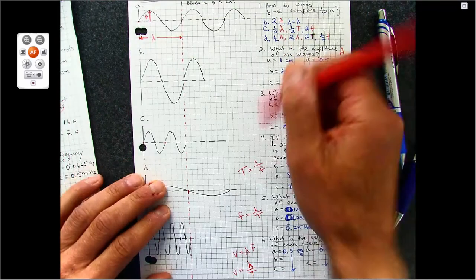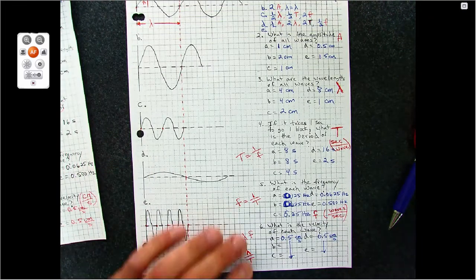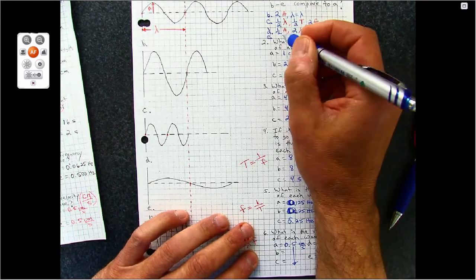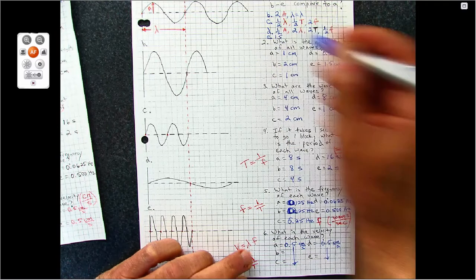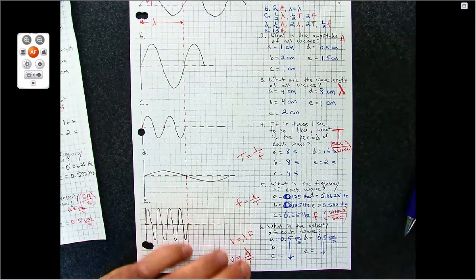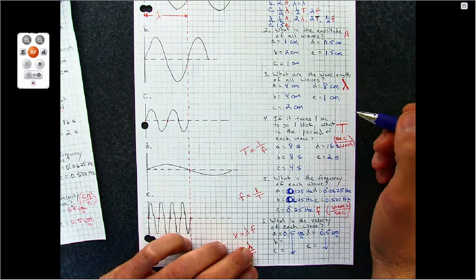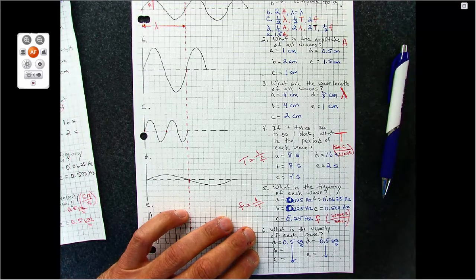So in E, what about my amplitude? It's 1.5 my amplitude. Wavelength is 1/4 my wavelength.